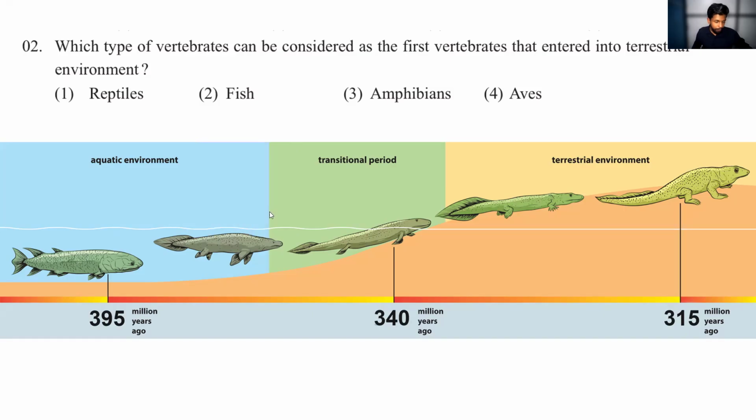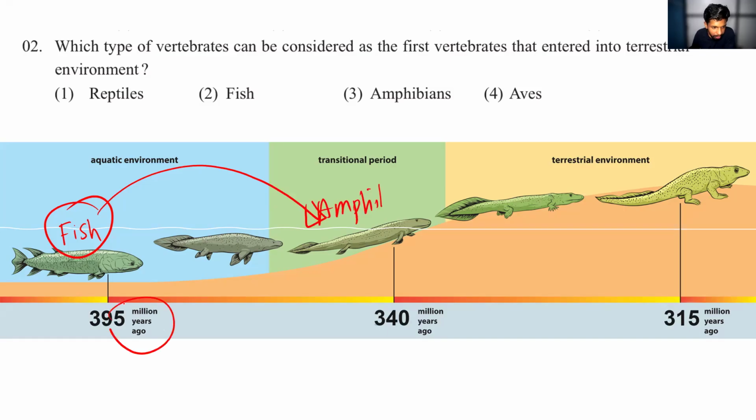Here, fishes, they were inside the water, right? During the evolution process, the fish were inside the water. And then after they evolved as amphibia. You see the time period, right? 340 million years ago, amphibia. And then after those amphibia turned into reptilia.